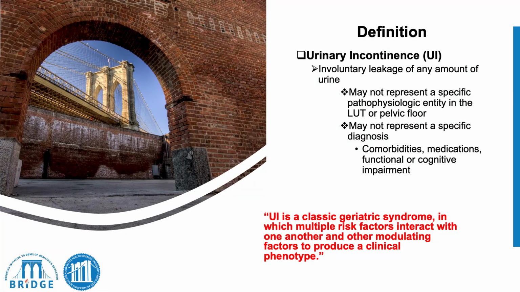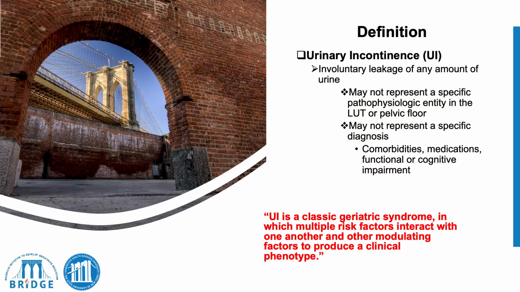Compare this to urinary incontinence in a younger adult. In a younger adult, urinary incontinence is linked or caused by a specific pathophysiologic problem, or it may be caused by some sort of damage to the lower urinary tract or the pelvic floor.